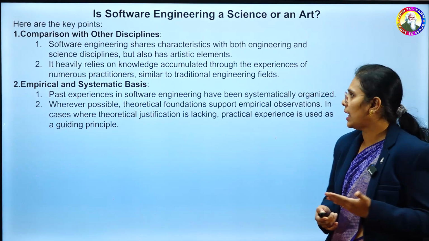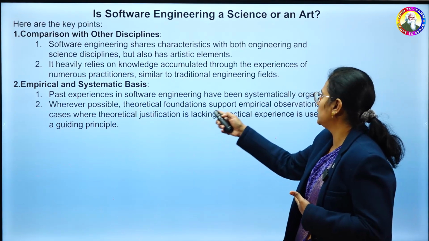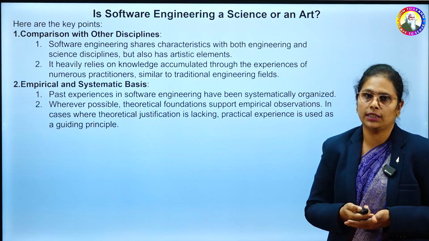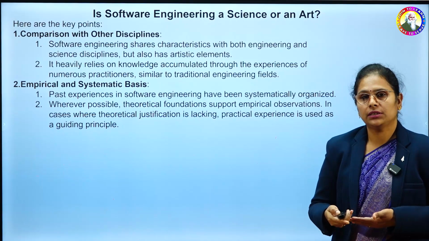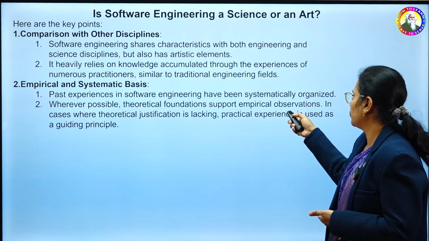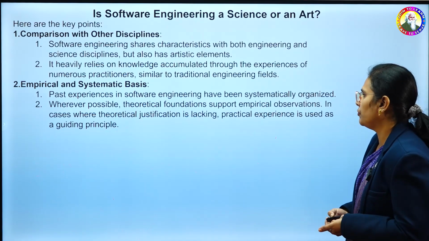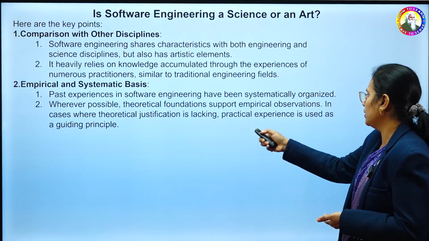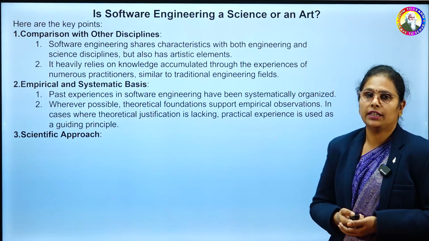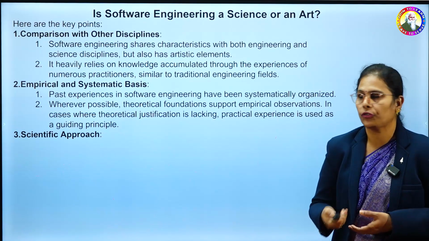Even though the past experience is systematically organized, there may be a lack in the theoretical knowledge in the empirical observations. So where theoretical justification is lacking, practical experience is taken practically with the help of the guidelines and guiding principles, which will guide the development of the process.